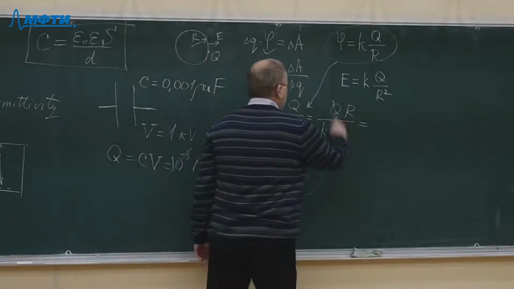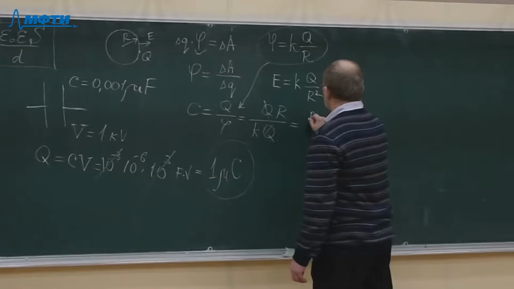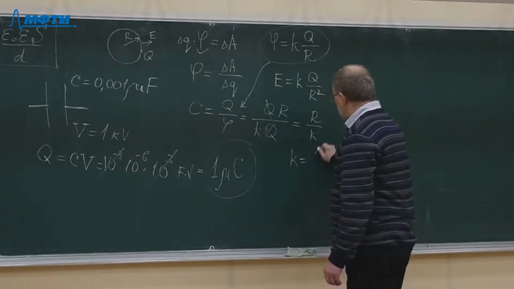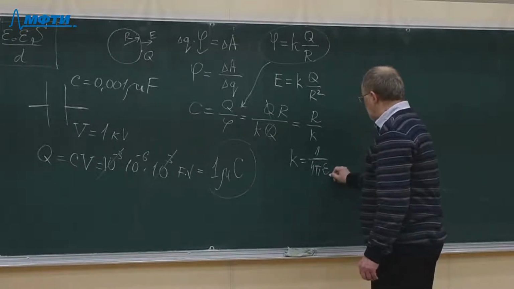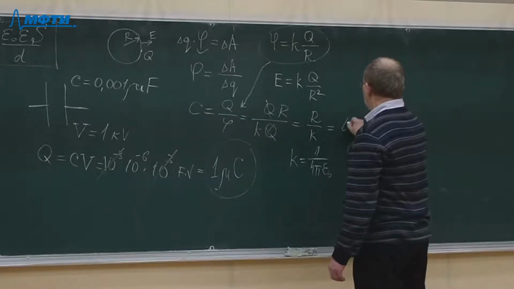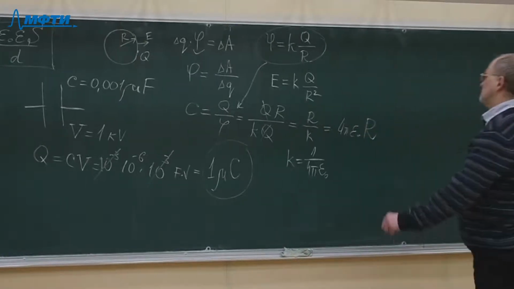The charge will be cancelled, and what we obtain is the radius divided by K. Now we may recall that K is equal to 1 over 4 pi epsilon 0, and so we obtain 4 pi epsilon 0 times the radius.